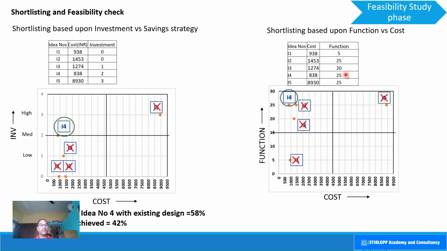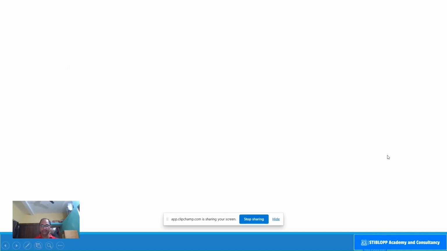And what is the result of this exercise? The result is that the cost of the idea is 58% of the cost of the existing design, and the cost reduction that is achieved is more than 25%, that is 42%. The next step is to review idea number 4 with the customer.